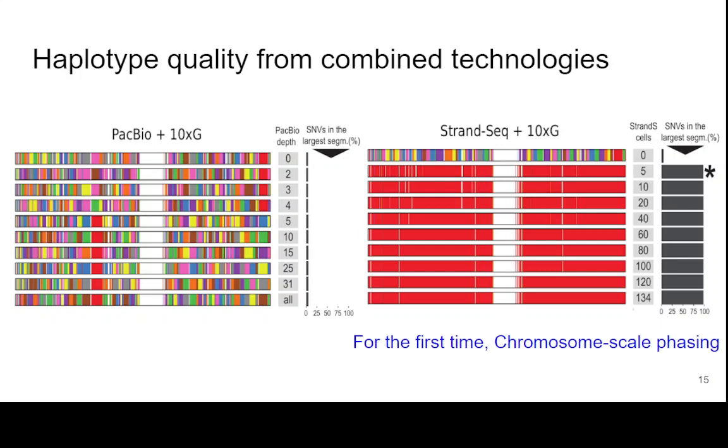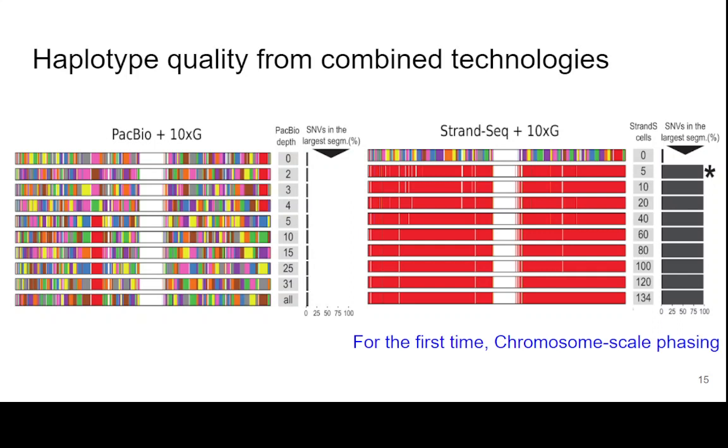Then we were interested in doing some experiments on the haplotype quality by combining different technologies. Here I present the results on human chromosome 1. When we combine PacBio and 10x, we observe the following. Each panel represents a different sample, and each color is a phasing block. So the more colors there are, the more fragmented the phasing is.